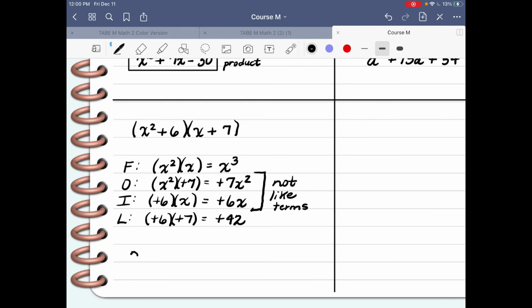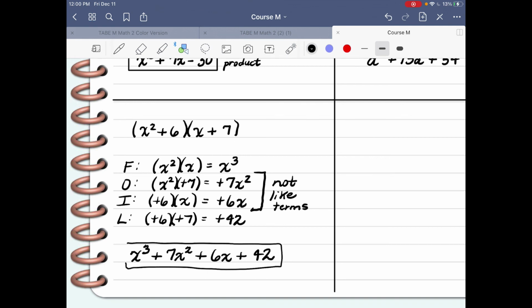You're going to have x to the third plus 7x to the second plus 6x plus 42. So this product has 4 terms.